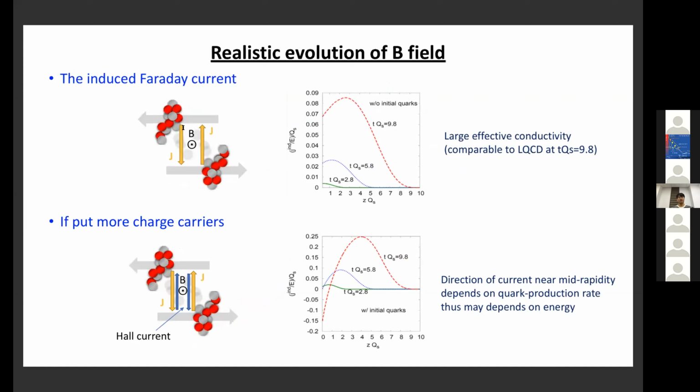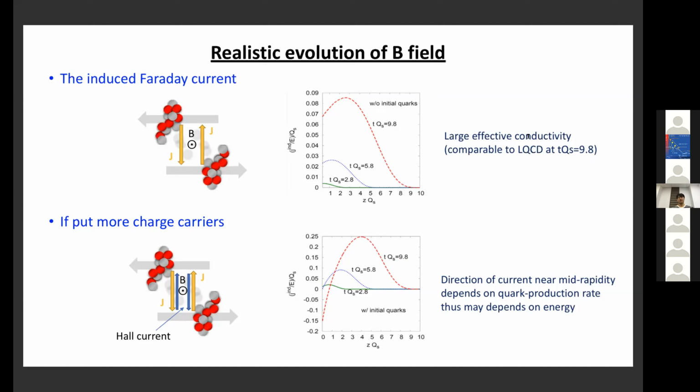When the two spectators leave the colliding region, the B field will drop, and then the Faraday effect induces this current. If we now calculate the ratio between this current and the induced electric field, we will obtain an effective conductivity.